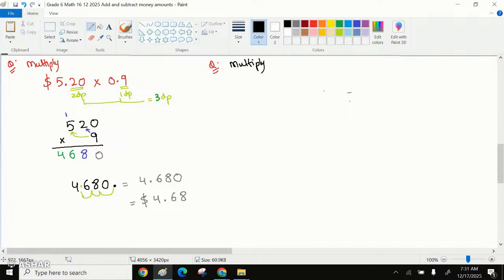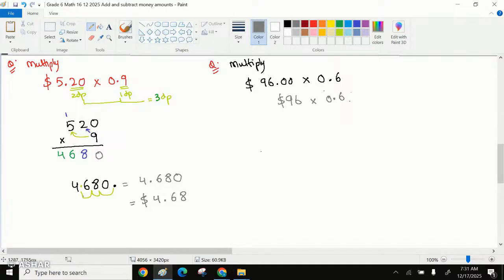Multiply dollars 96.00 by 0.6. 96.00 means there are no cents, so 96.00 can also be considered as 96 multiplied by 0.6.